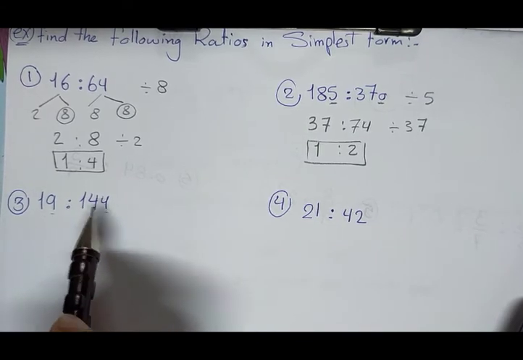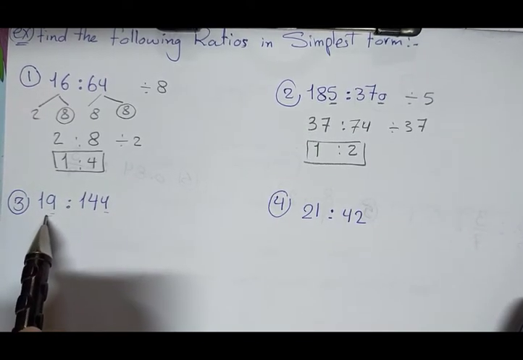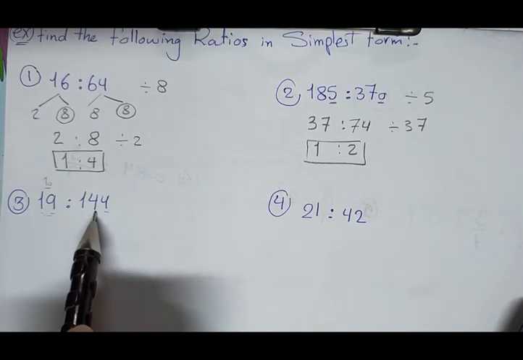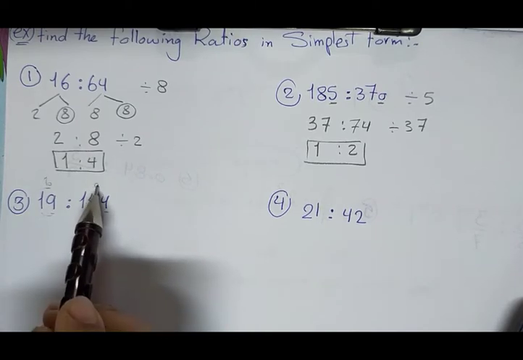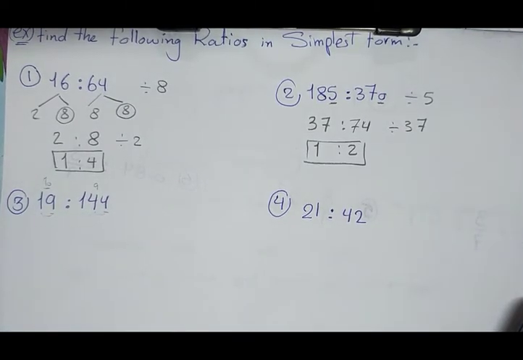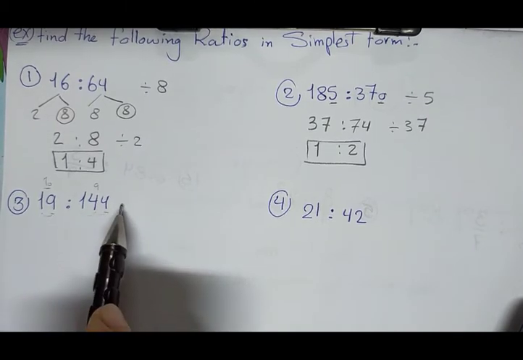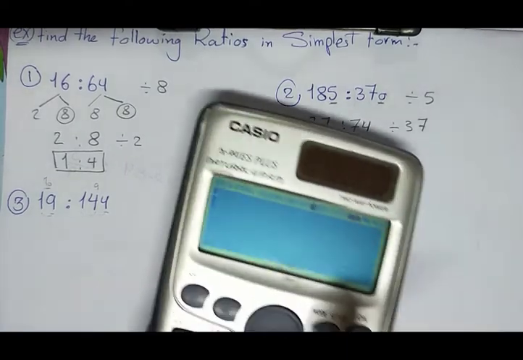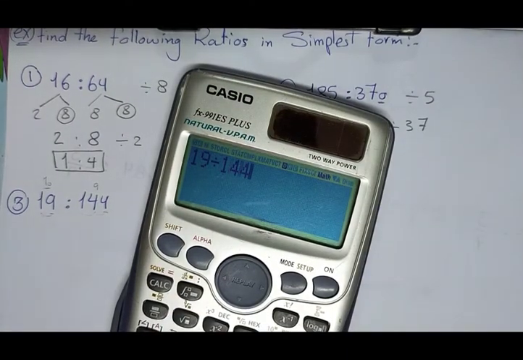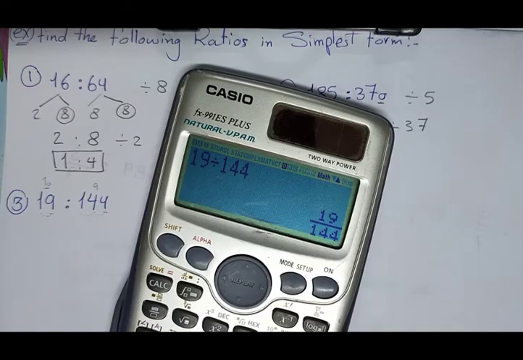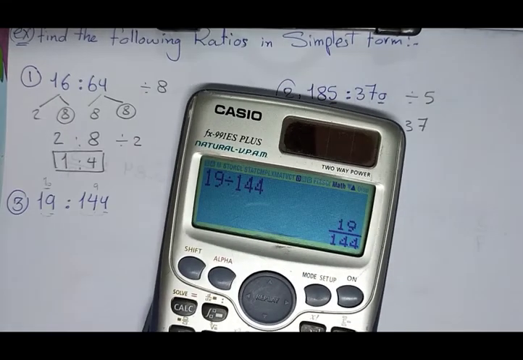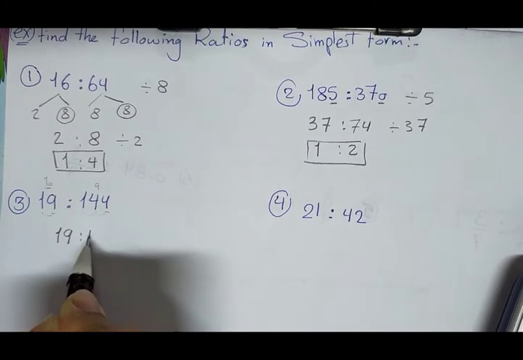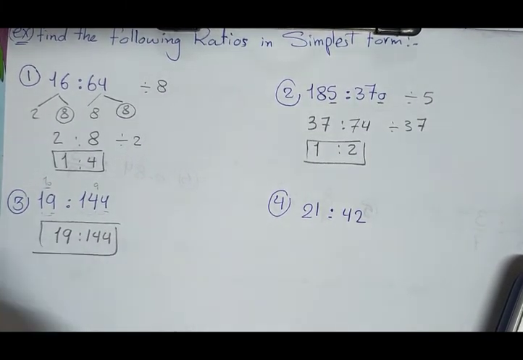Try dividing by 3: the sum of the digits of 19 is 1 plus 9, which is 10. For 144, the digit sum is 1 plus 4 is 5, 5 plus 4 is 9. I can't simplify by dividing by 3. Check using a calculator to make sure it's in simplest form: 19 divided by 144 gives the same 19 over 144. So 19 to 144 is in simplest form.